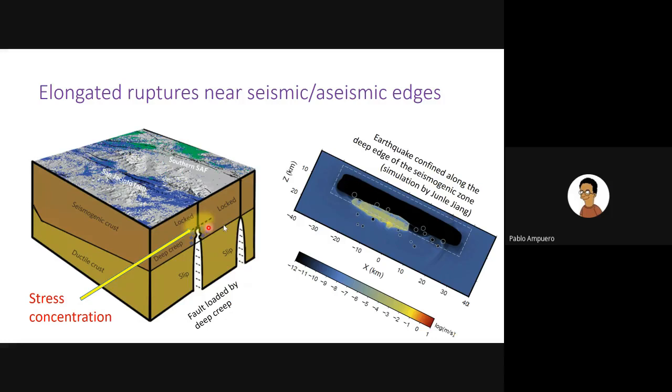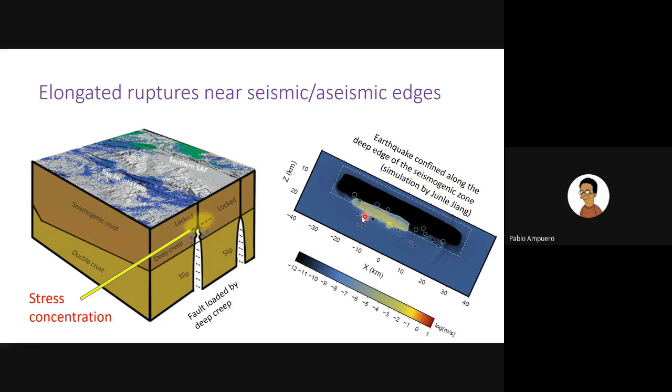But sometimes earthquakes initiate, but the whole fault is not ready to break, and only part of the depth range of the fault breaks. And here's an example from a simulation of earthquake cycles in a long fault like this. The blue part of a fault is the part that has been creeping, and the black part of a fault is the locked part.